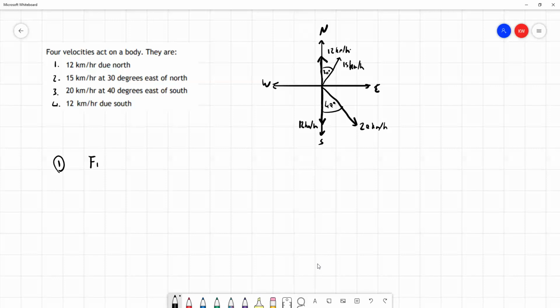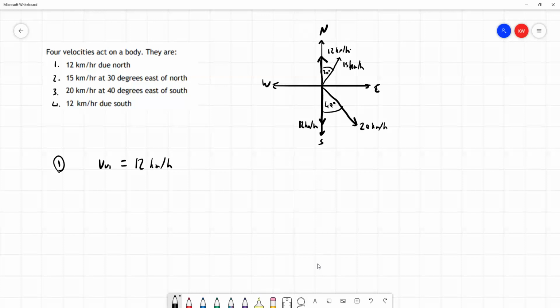So vector 1, the velocity, so we use V. We'll use V1, so vertical velocity for vector 1, and that's simply going to be equal to 12 km/h.